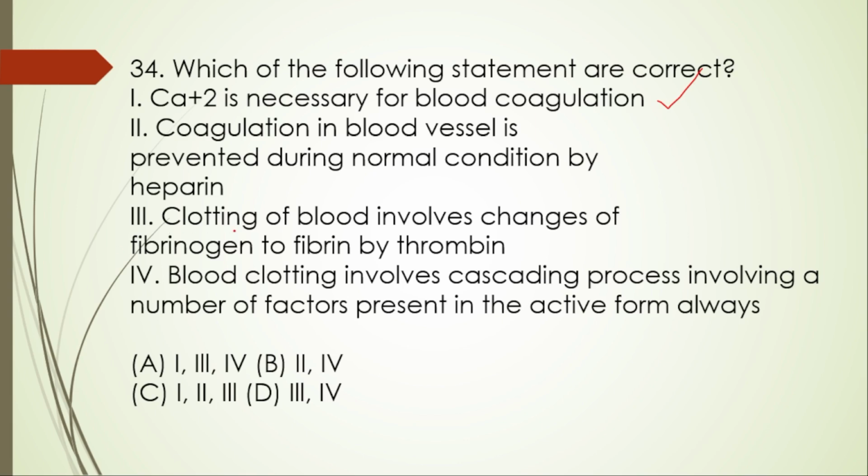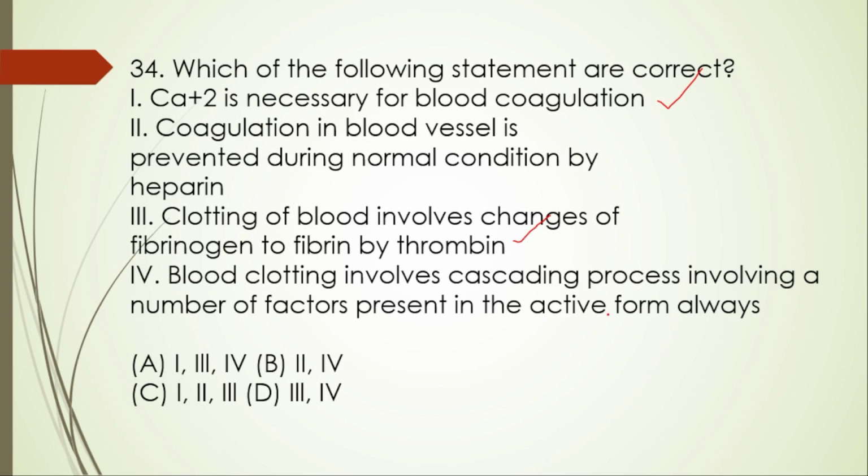And then third one, clotting of blood involves changes of fibrinogen to fibrin by thrombin. This is also true. Thrombin acts as an enzyme that converts the soluble plasma protein fibrinogen into insoluble fibrin threads. Next one, fourth one, blood clotting involves a cascading process involving a number of factors present in active form always.